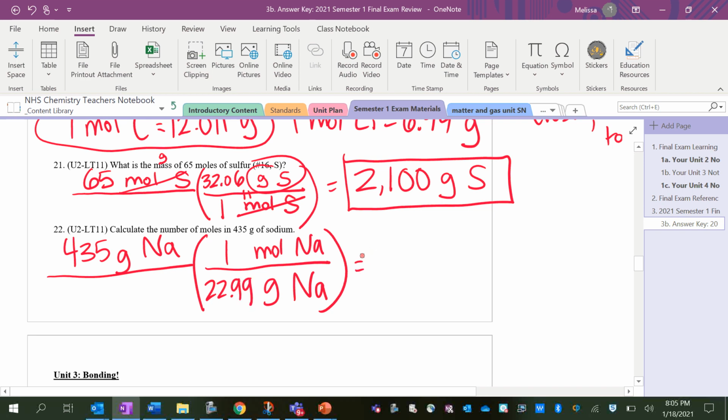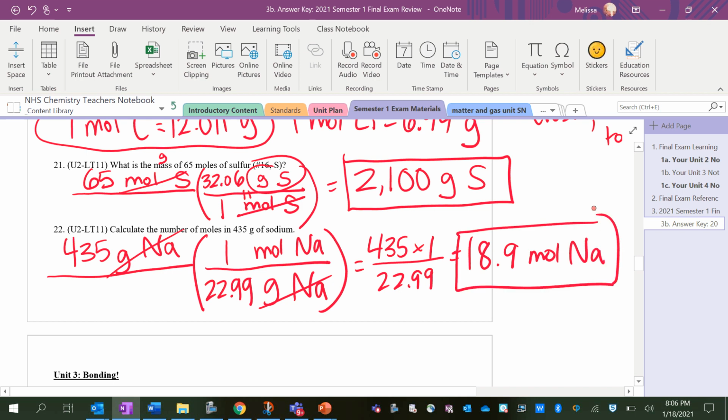Okay, this time grams are going to cancel out, and I'm going to multiply everything on the top and divide it by everything on the bottom. So 435 divided by 22.99 is 18.9 moles of Na.